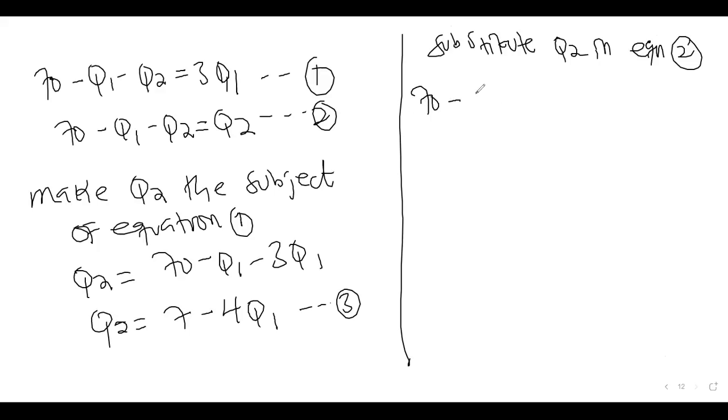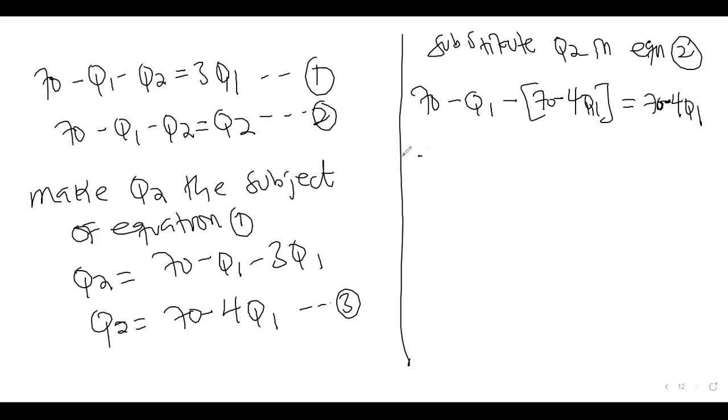So 70 minus Q1 minus, into bracket, 70 minus 4Q1, is equal to Q2. So we can replace Q2 by 70 minus 4Q1, all right? It's 70, not 7, sorry.